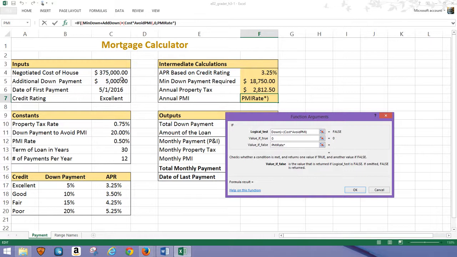Well, the amount of the loan is the cost of the house minus, I have to put another parenthesis here because I have to do this first, the down payment plus the additional down payment. So that will then give me the value.